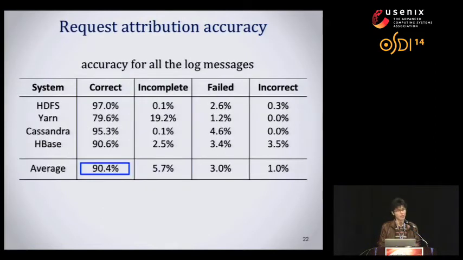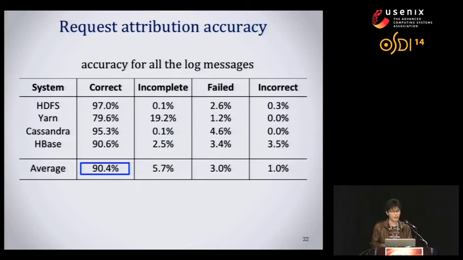The result for this accuracy evaluation is that over 90% of the logs are correctly grouped with different requests. This indicates that Iprof is indeed leveraging the developer's logging effort to differentiate requests for manual debugging. And on average, 5.7% of the logs are incomplete, which we define as logs we are unable to group.